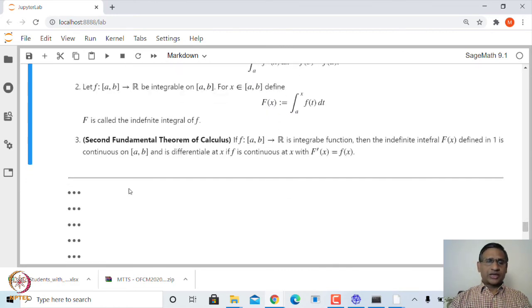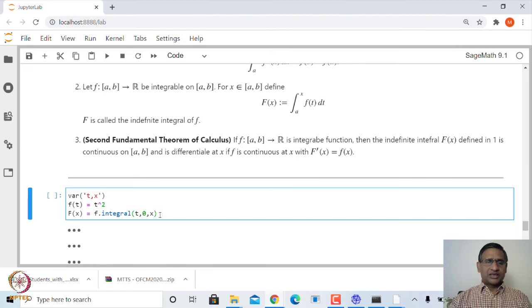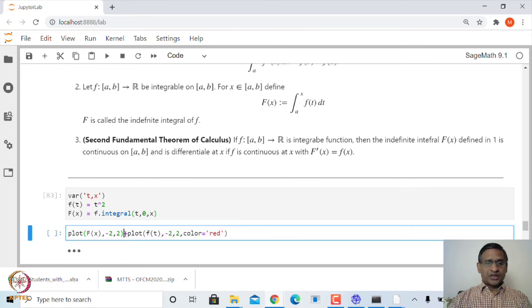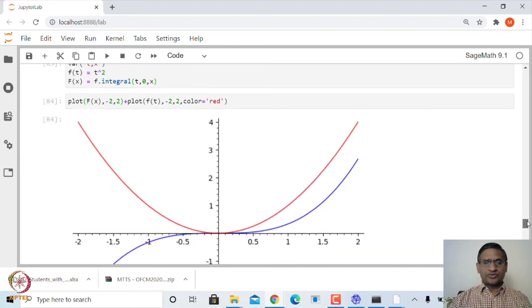So, let us look at a small example. Suppose I have a function f(t) equal to t square, and I find the integral from a to x, I call this capital F(x). If I look at the graph of this function capital F(x) along with the graph of small f(x), this is how you see. The red curve is the graph of f(x) and the blue one is the graph of the indefinite integral of small f.